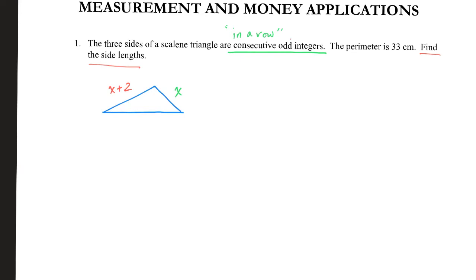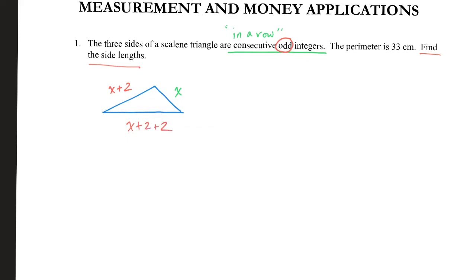Don't overlook that they're odd integers, and all odd numbers are 2 apart. So if my smallest one is x, then the next odd integer must be 2 greater, and then the next odd integer must be 2 greater than that.